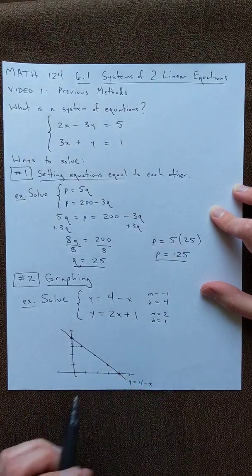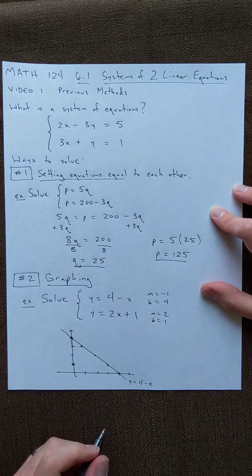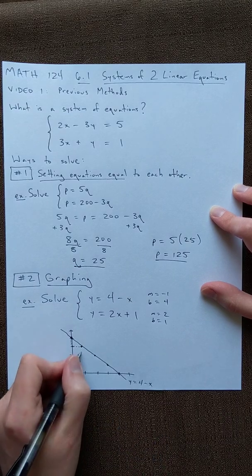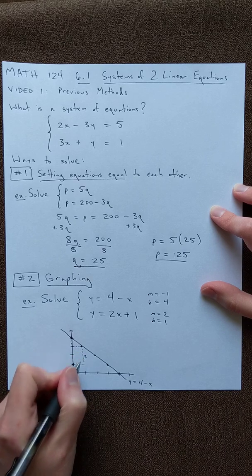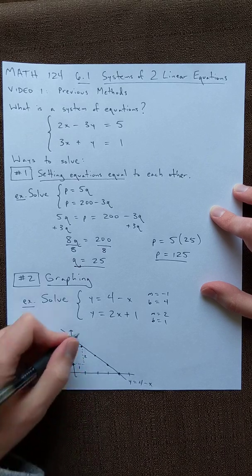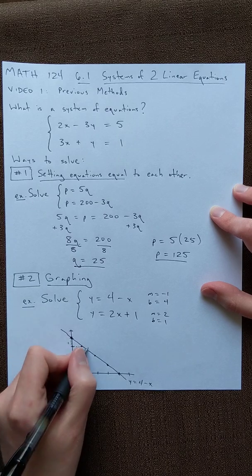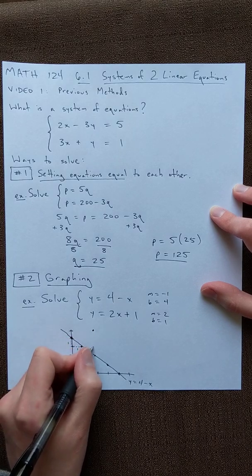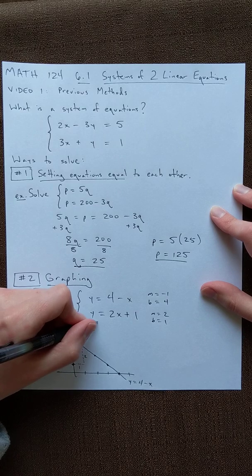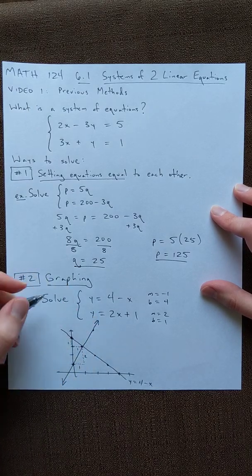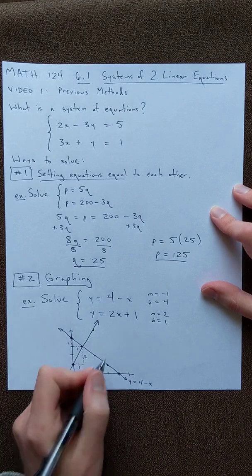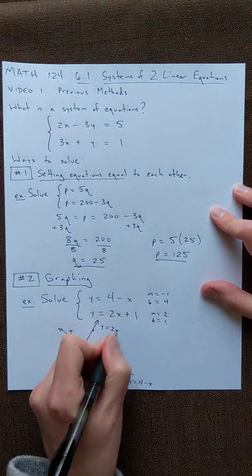My other one has y-intercept 1 and slope 2, meaning rise 2 and run 1. So over 1 and up 2. This one is actually going to go a little off my chart here. Over 1 and up 2. Everybody pretend I drew a straight line. Okay, so the second line is y equals 2x plus 1.